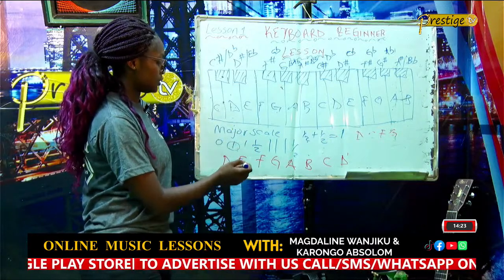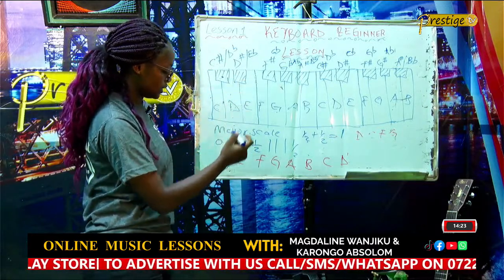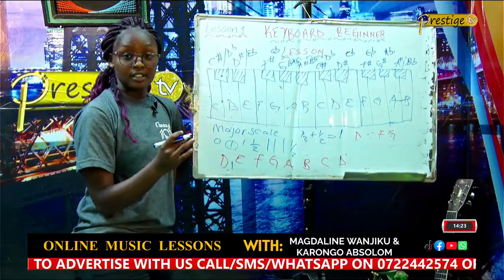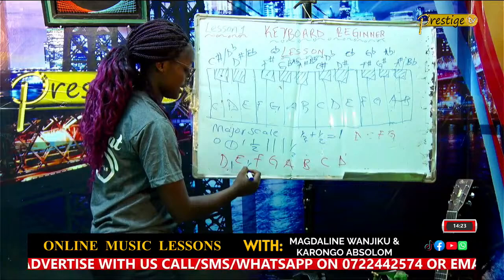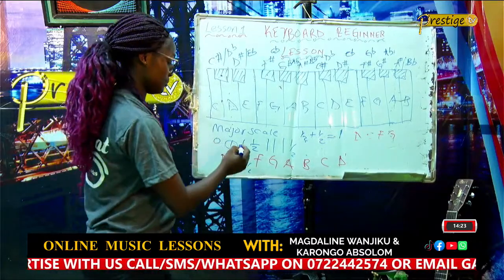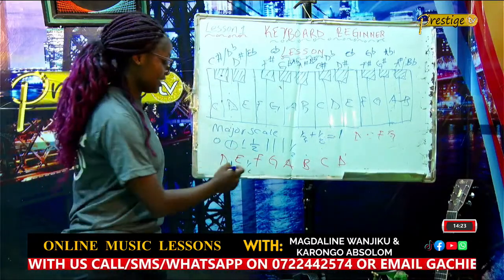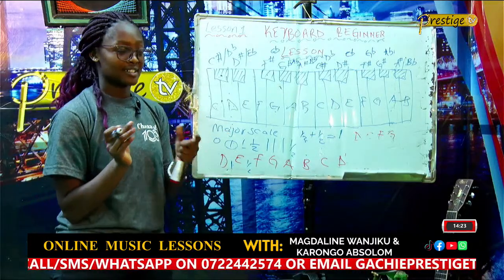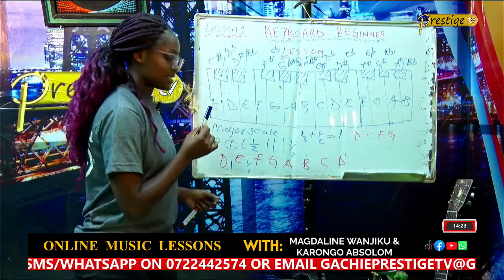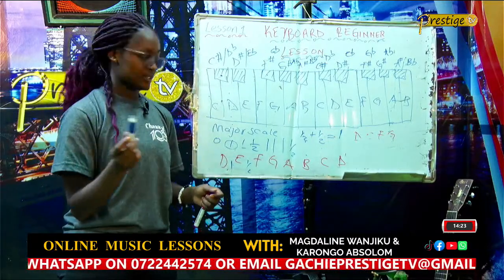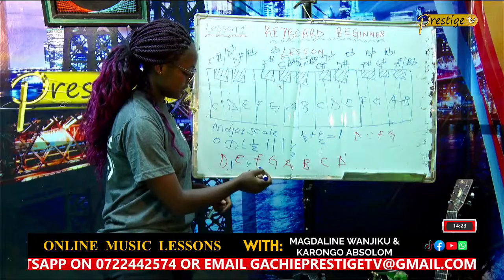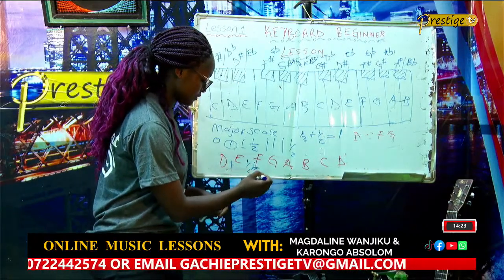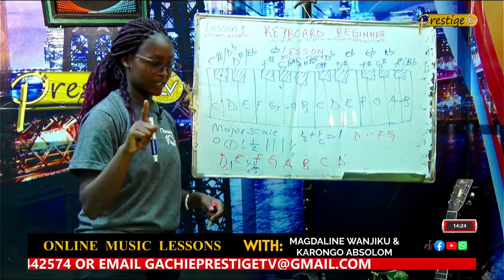So from D to E, there's a black note in between, so that means that is 1. But from E to F, there is no black note, so that means it's a half. But we want it to be like the pattern, 1, 1, and this is a half. So what do we do? We said from one note to another, it's a half, and we use accidentals to raise or lower notes. So we need to raise this note that is ahead of E to have another half, so that we can have 1.